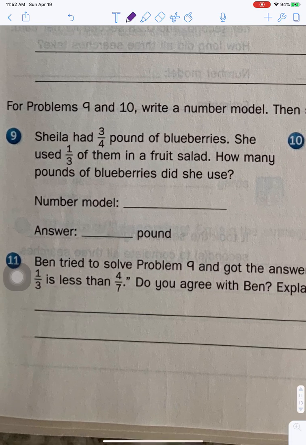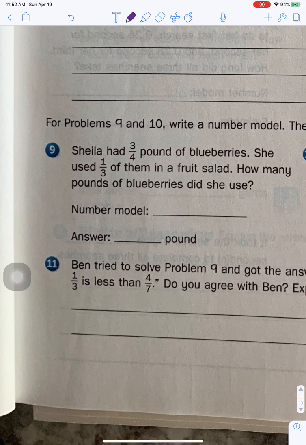So we're going to write a number model as multiplying fractions. So she had 1/3 times 3/4 equals how many pounds of blueberries did she use? We'll say P for pounds.